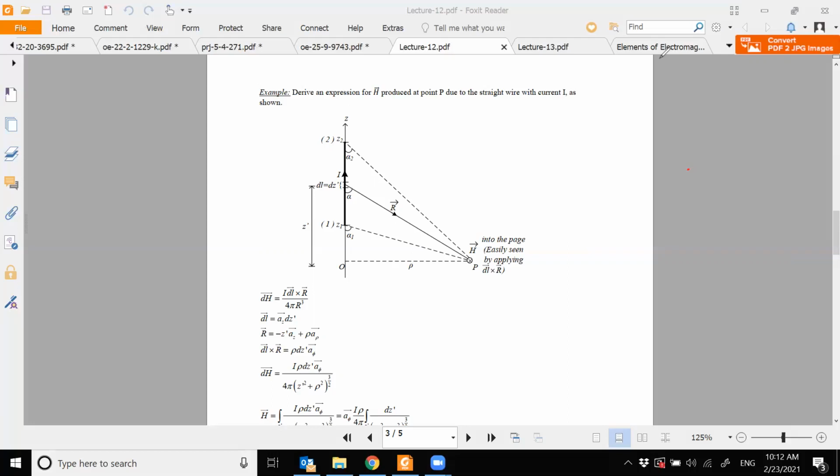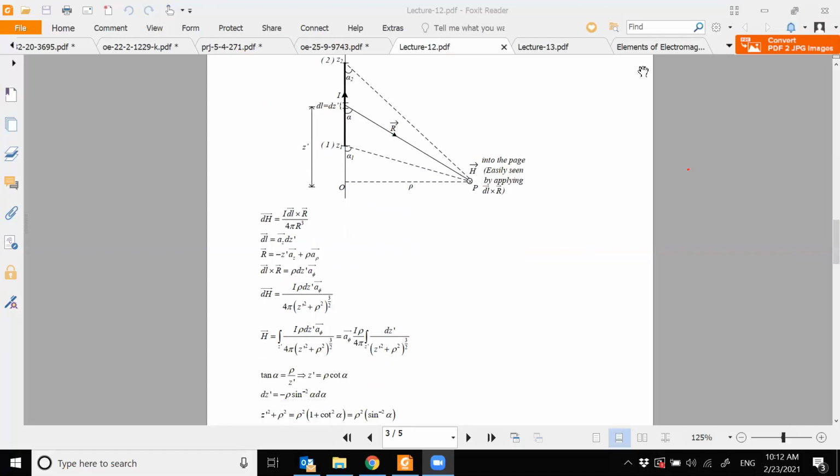So let me first bring it up. Okay, so now let me annotate. So this is my Z axis. And now what is its location? So this is my observation point P, and this is my origin, and rho is the perpendicular distance.